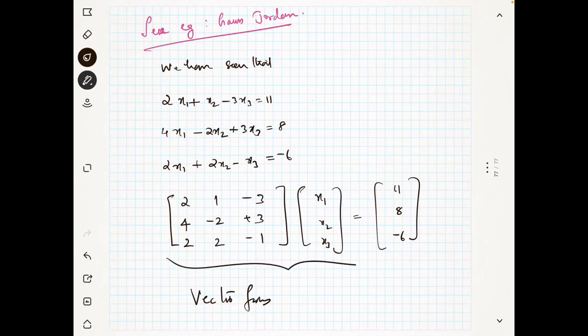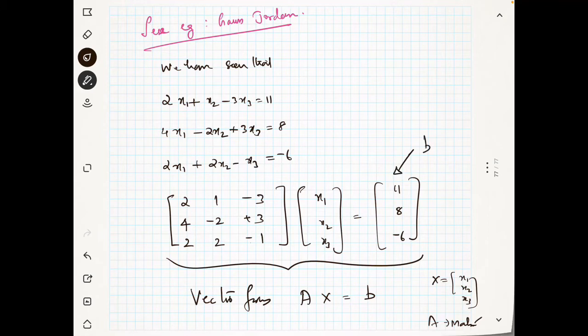Now I am going to rewrite this equation. This is the vector form, like Ax is equal to b, right? And what is your x? Here x is a vector, x1, x2, x3, and A is a matrix here, and this is your b. Now I am going to rewrite this equation again.